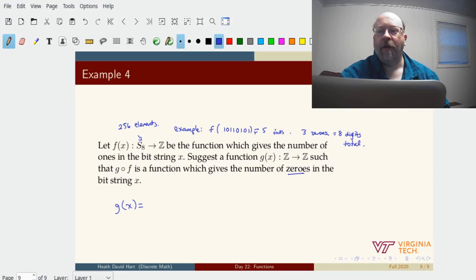And so if I know the number of 1s, then I just take 8 minus x, and I'll get the number of zeros. And so if I calculate f, take the answer from f, and then plug it into g, then g composed with f will be a function that gives me the number of zeros in the bit string. Okay?